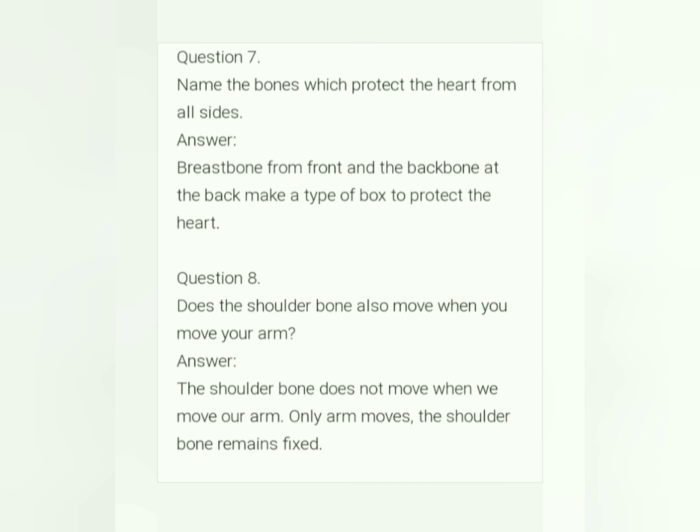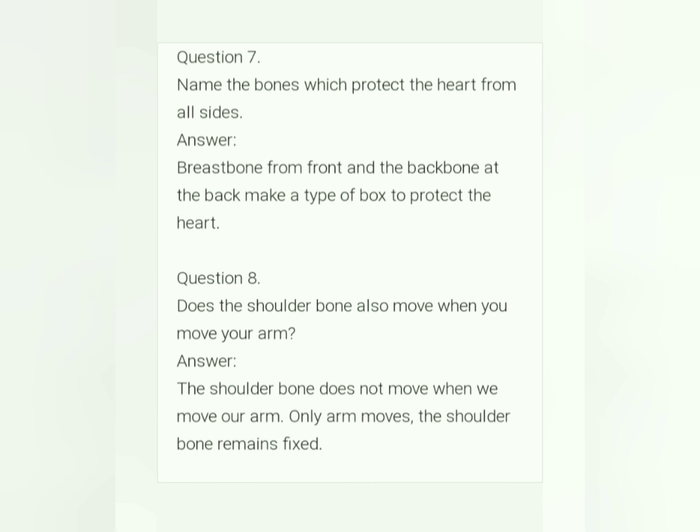See the next question. Name the bones which protect the heart from all sides. Answer: the breastbone from the front and the backbone at the back make a type of box to protect the heart. Okay. Front bone and backbone connected together make a box-like structure. What do we call that structure? Rib cage.